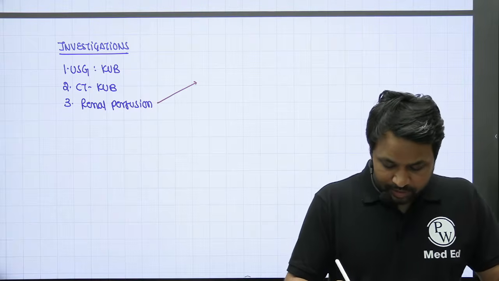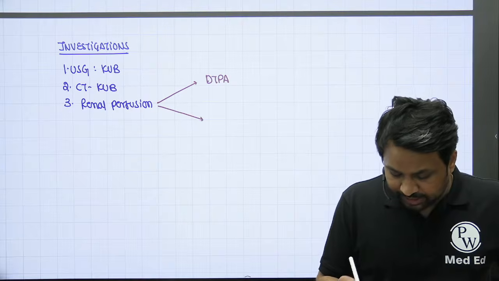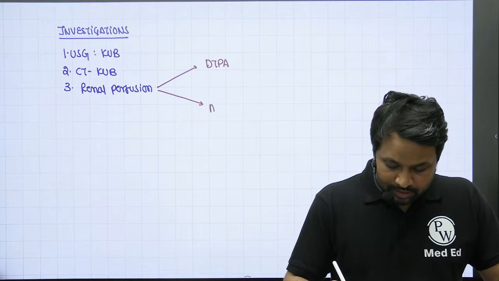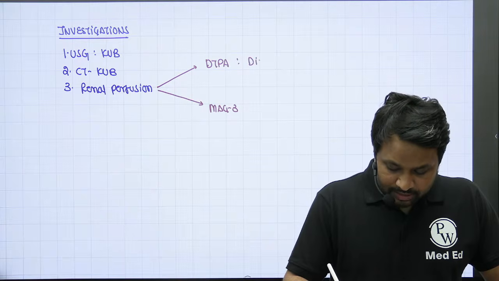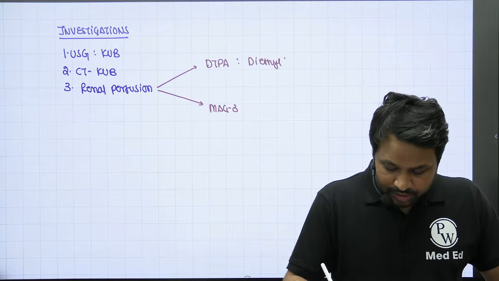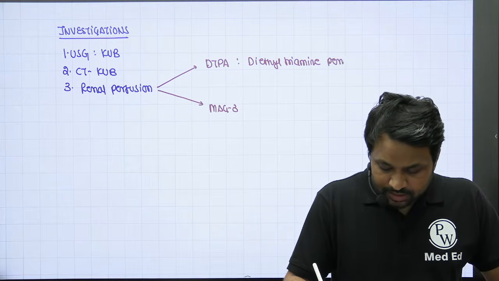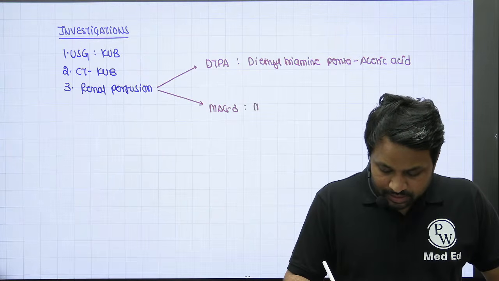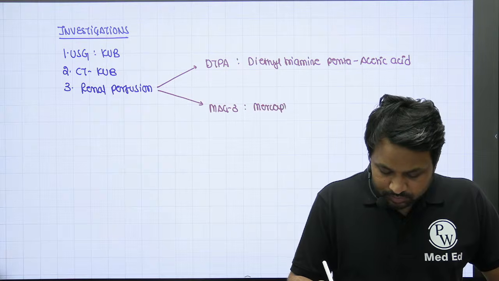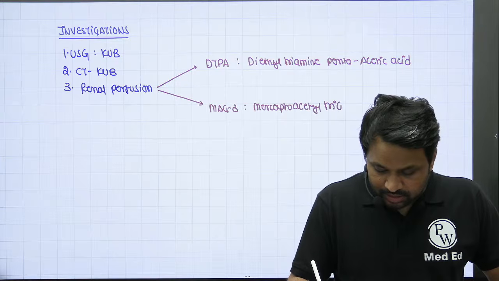One you have is DTPA. Another one is MAG3. DTPA is diethylenetriamine pentaacetic acid. MAG3 is mercaptoacetyltriglycine.